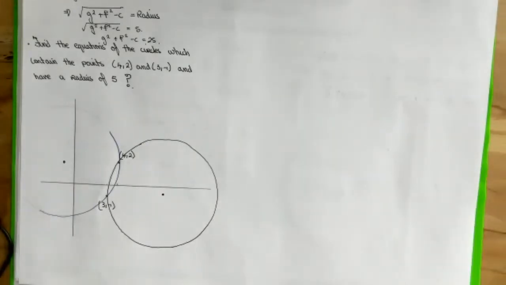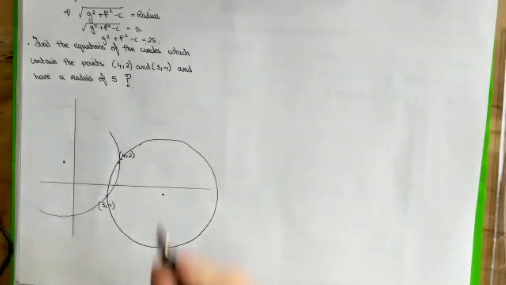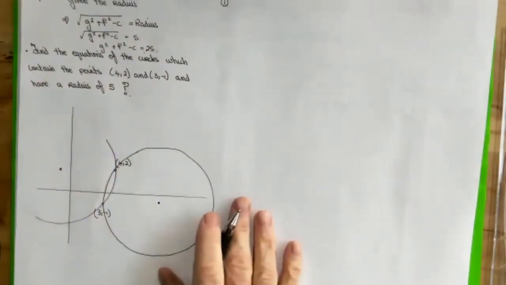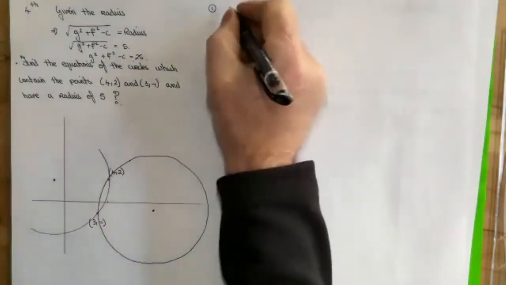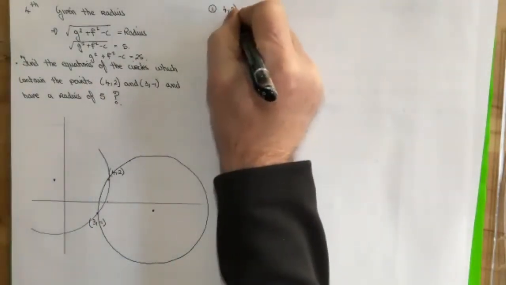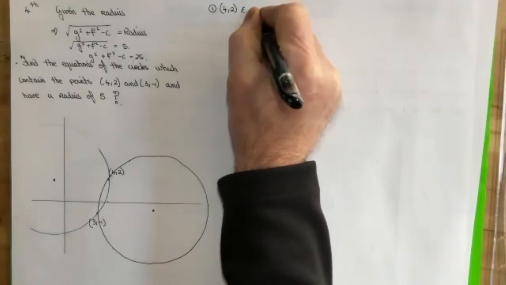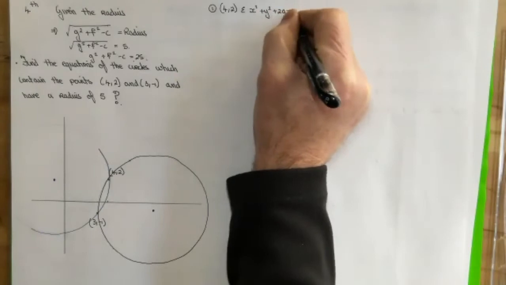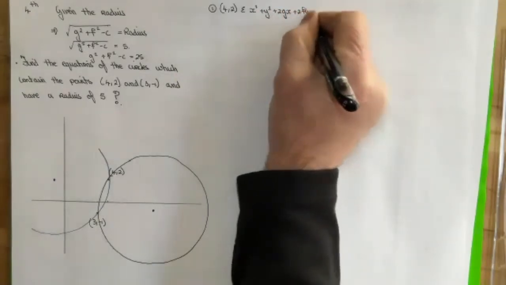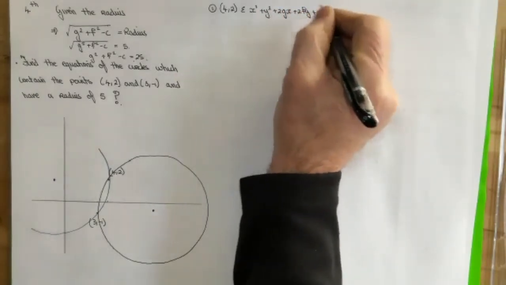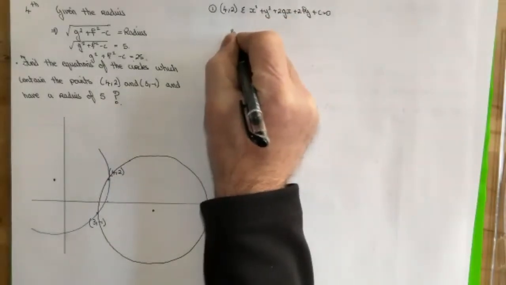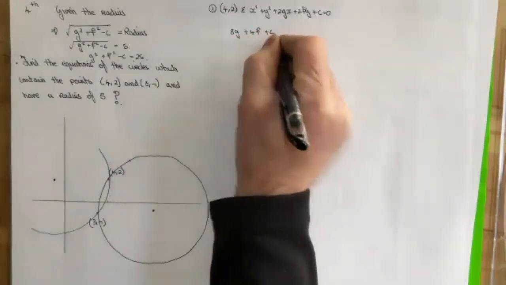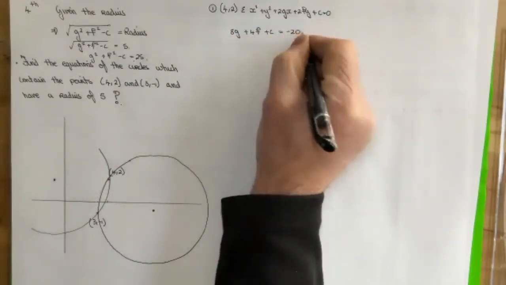I can't find the center and the radius, so I must form equations. My first equation is that (4, 2) is an element of x squared plus y squared plus 2gx plus 2fy plus c equal to 0. I'll get 8g plus 4f plus c equal to minus 20.